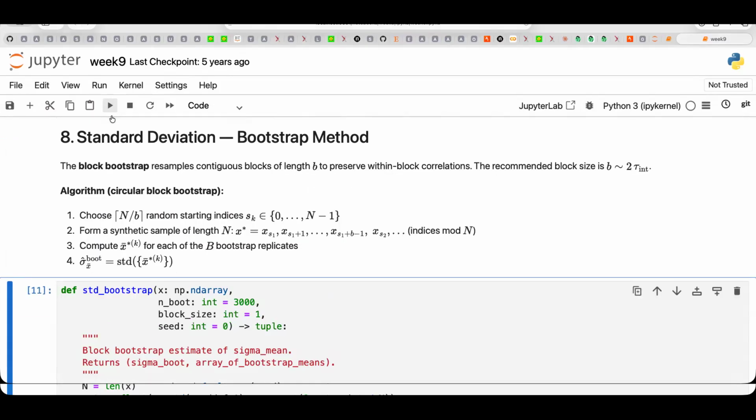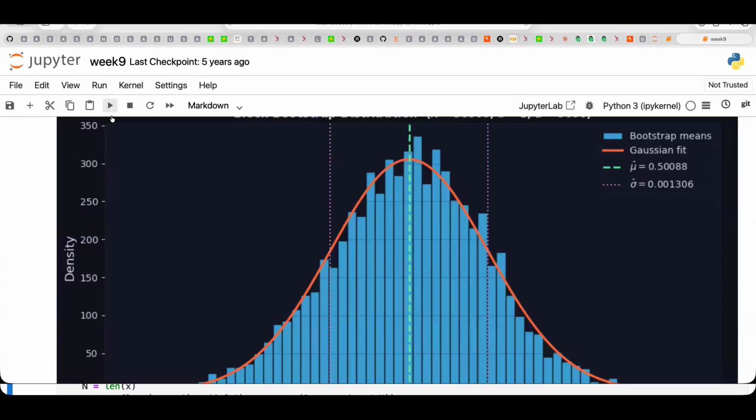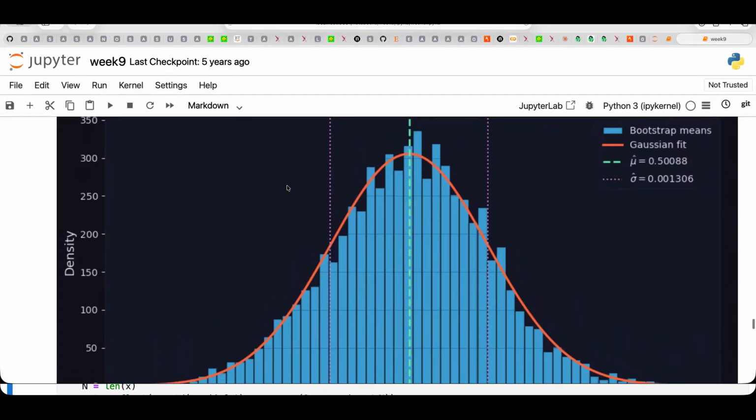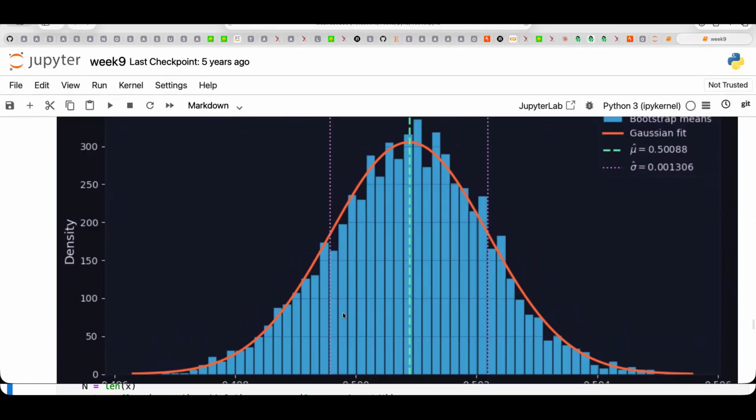Then you can use the bootstrap method. And you can now see, with the mu centered there, how the numbers distribute. So you started with a uniform distribution.